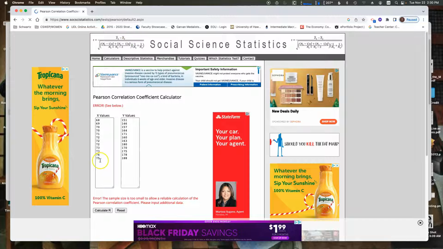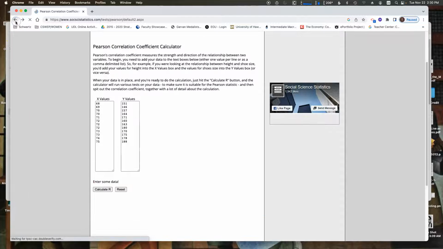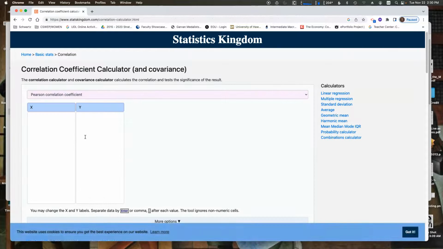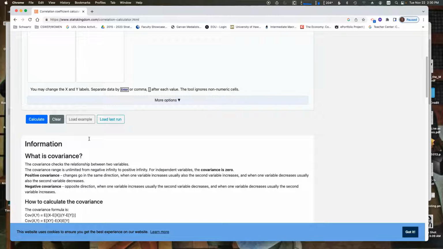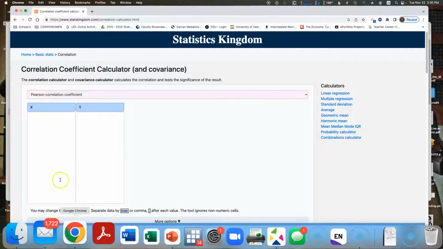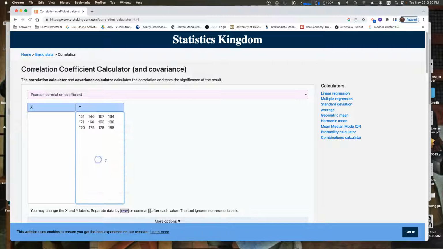Yeah, we would need more variables. Sorry about that. We couldn't do the Pearson, but we should be able to do. Yeah. I think we can do it this way. Sorry, I'd have to fix all this.